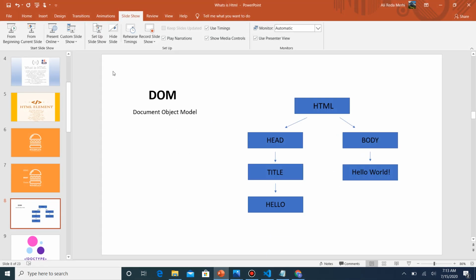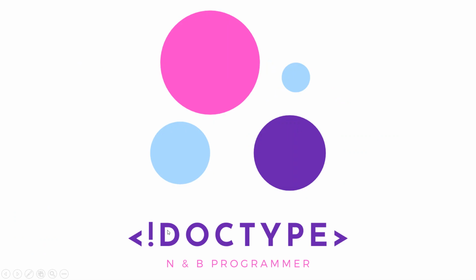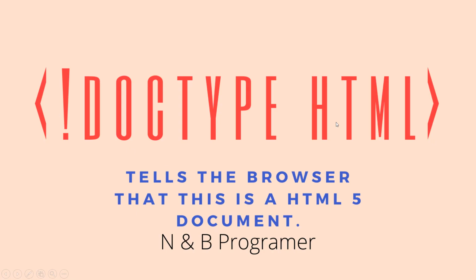So we come back here, and then from current slide. I will come back to this page over here once I explain each tag on its own. Okay. So we start with the first tag that you saw, which was doctype. The doctype HTML tells the browser that this is an HTML5 document.